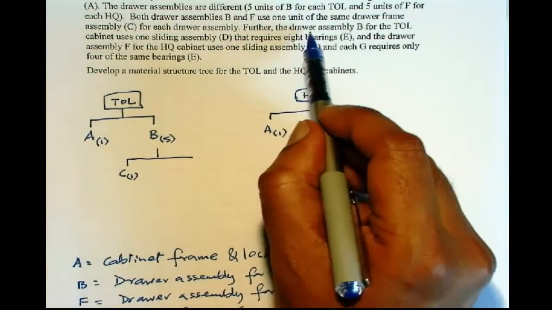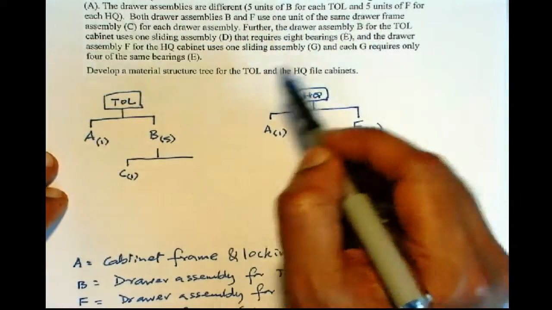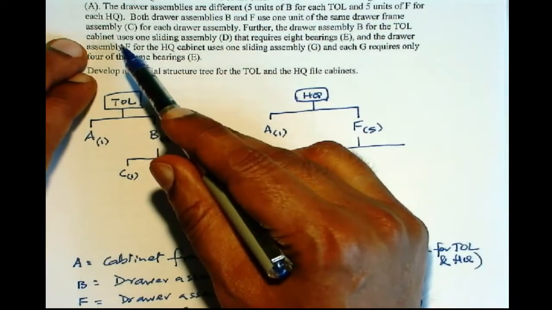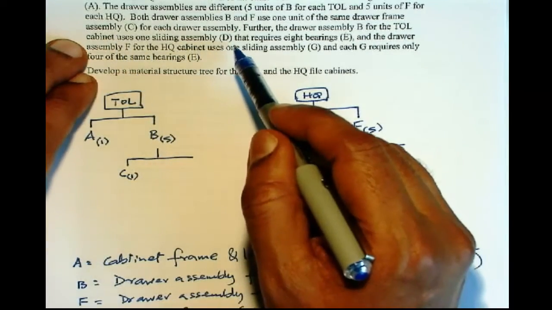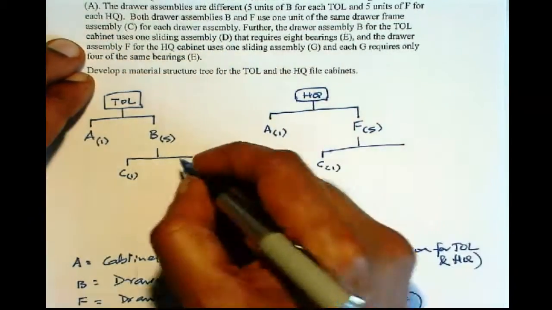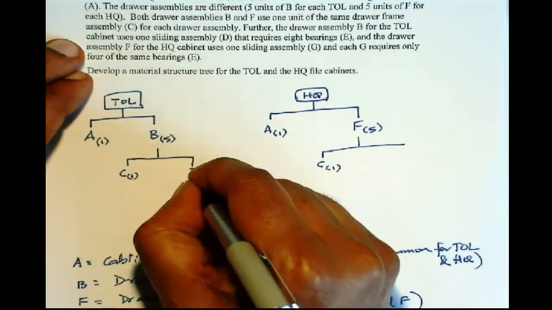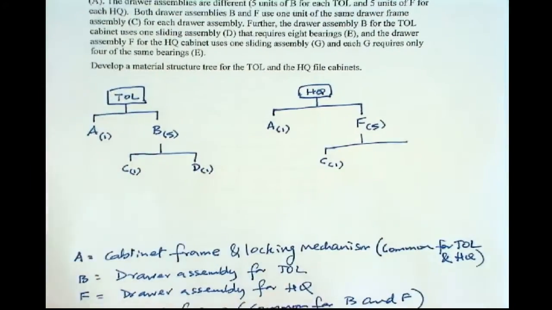Further, the drawer assembly B for the TOL cabinet uses 1 sliding assembly D. Okay, let's write that.